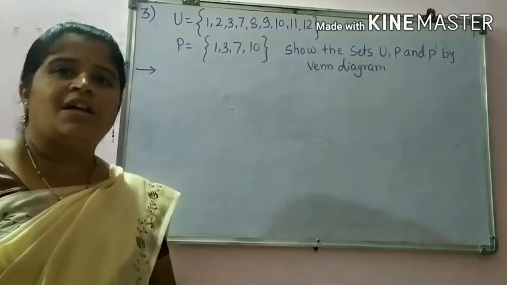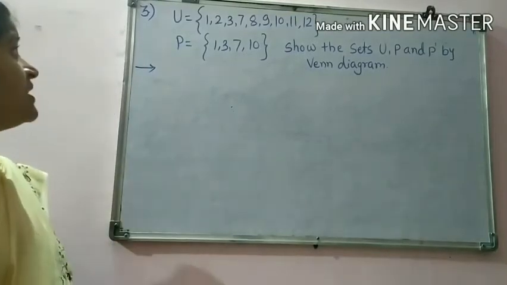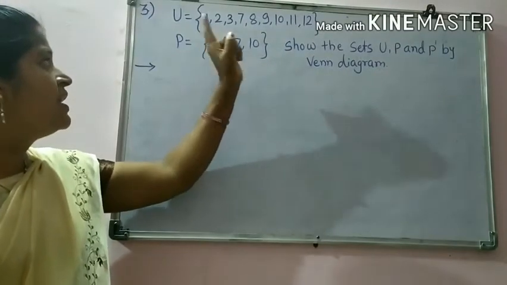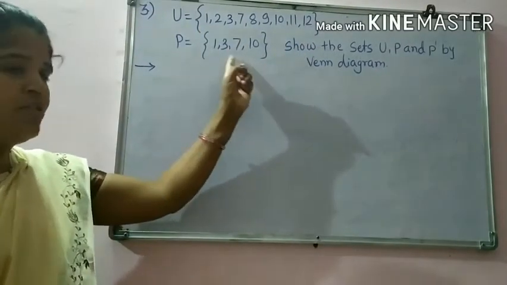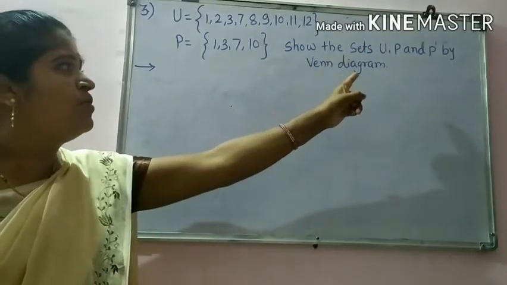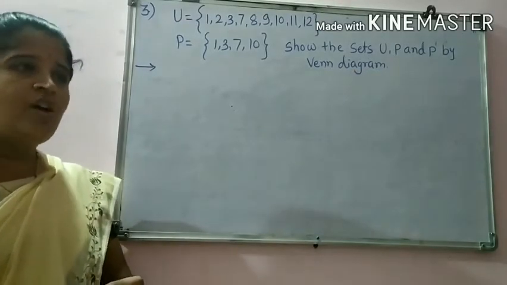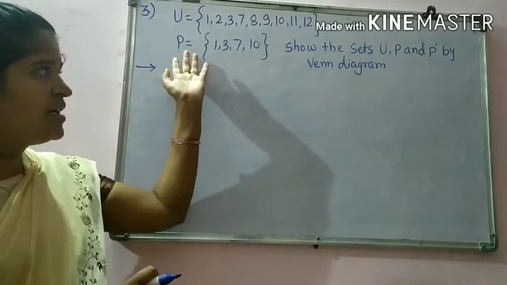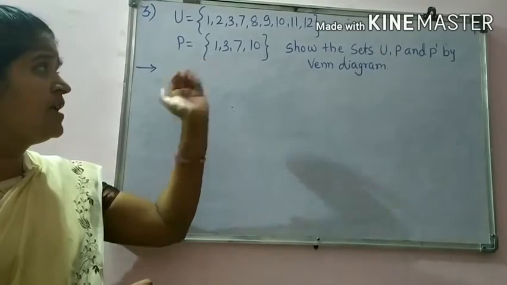Let us see our third example from practice set 1.3. The universal set U is equal to, in curly brackets, the elements are given, and set P is equal to, again elements are given, and we have to show the sets U, P and P dash using a Venn diagram. So again, as in the previous example, we shall write the elements of the sets.